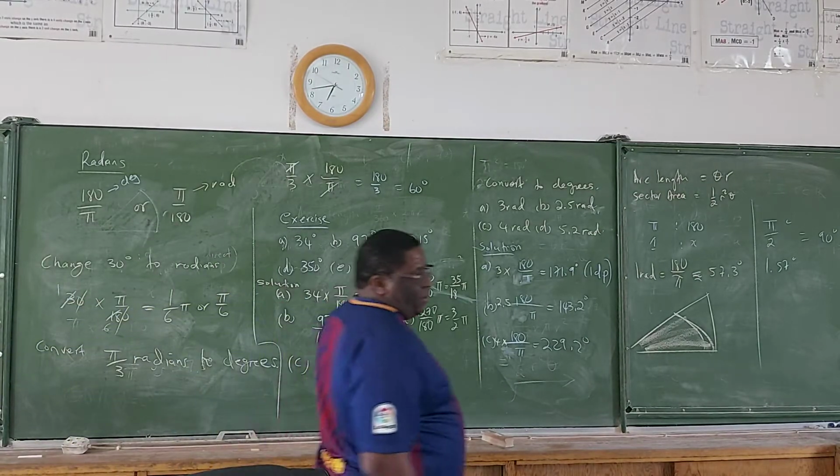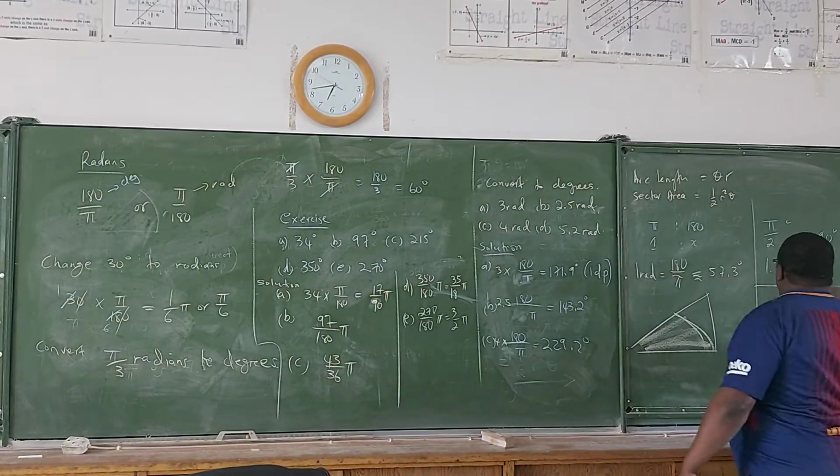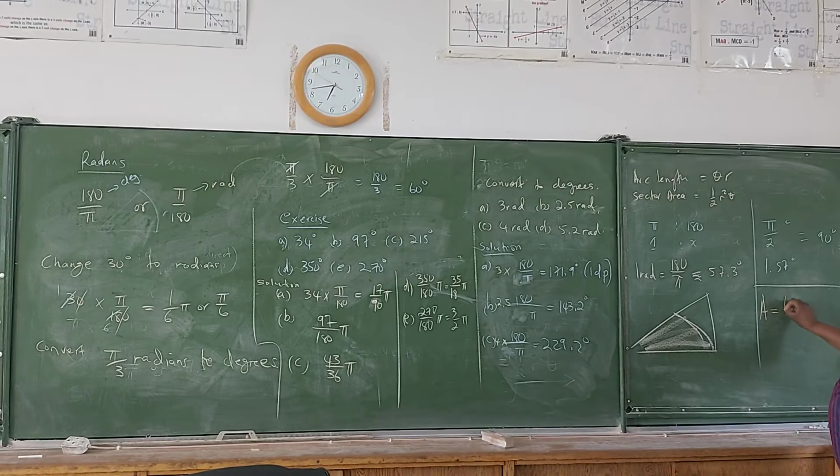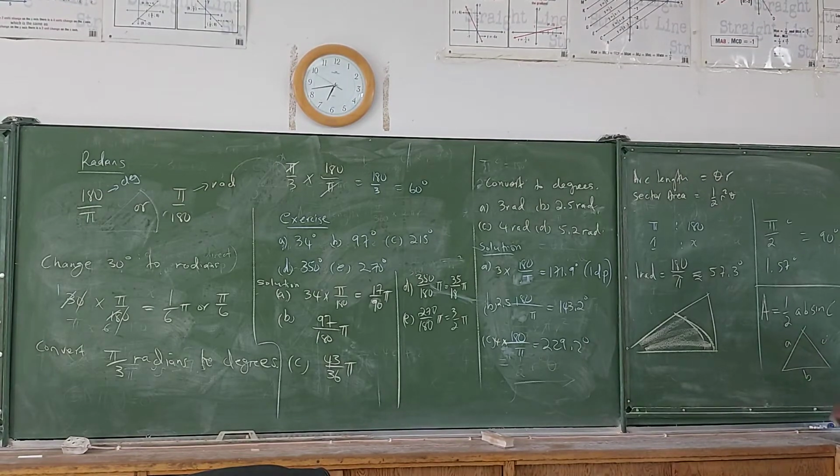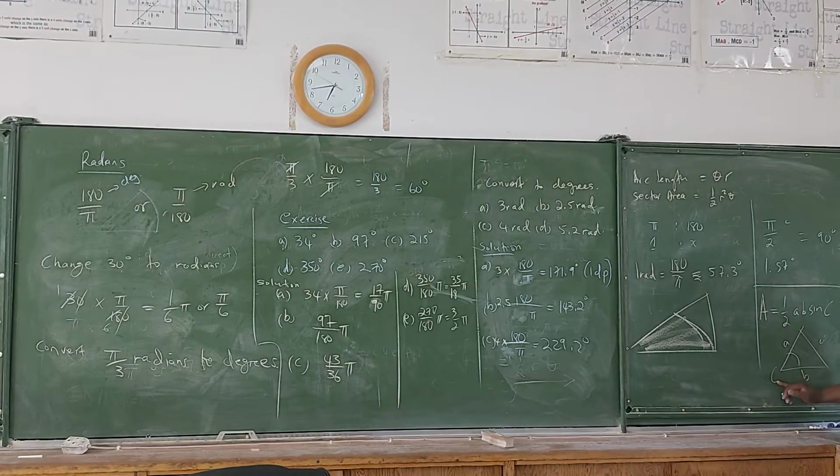The area formula for a triangle is a half AB. Yeah? So you take the actual triangle, you have A, B, and you have C. This angle here is C, always opposite that angle, right?